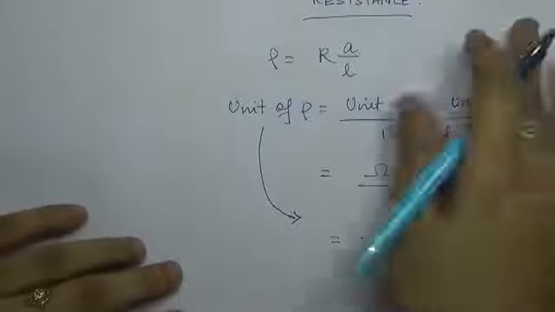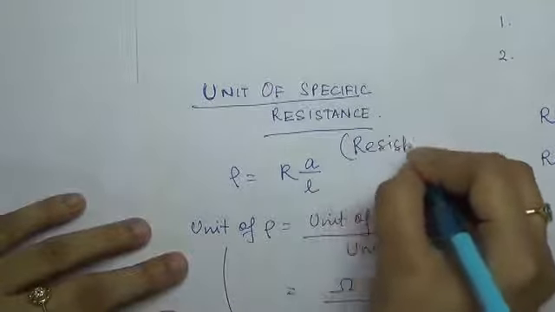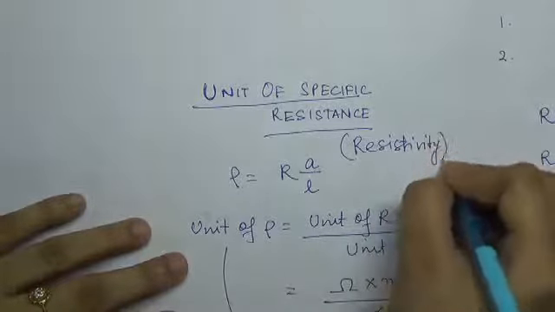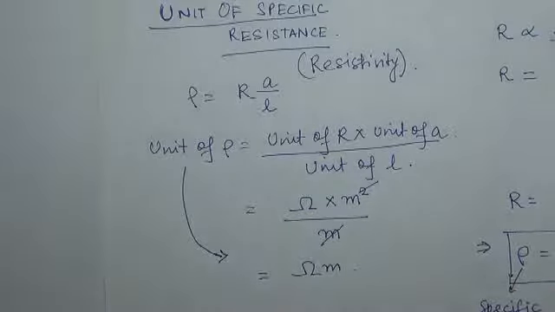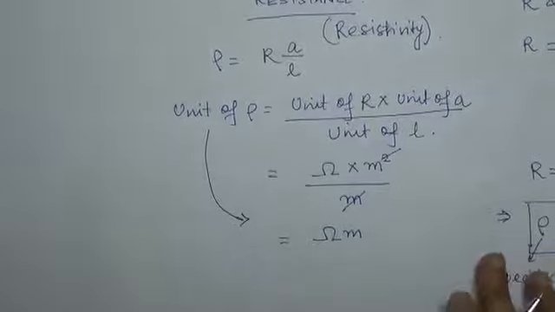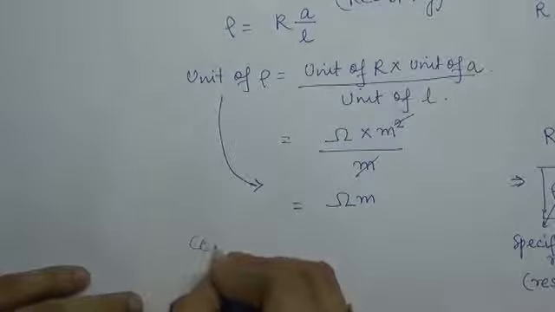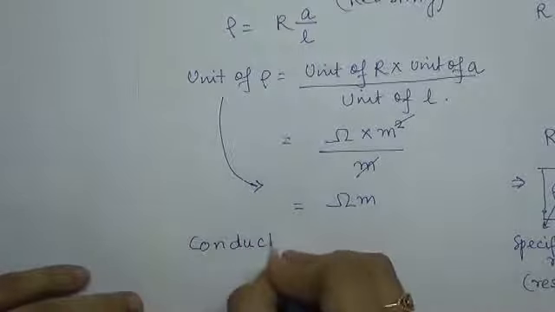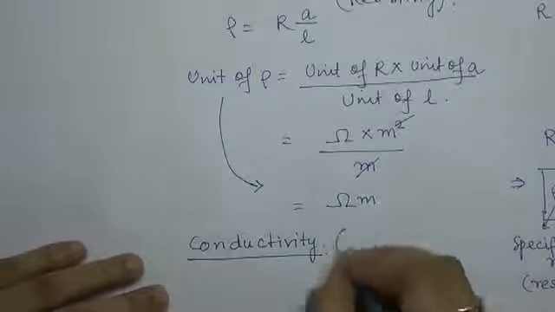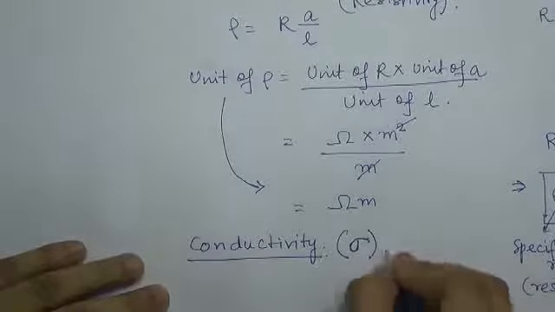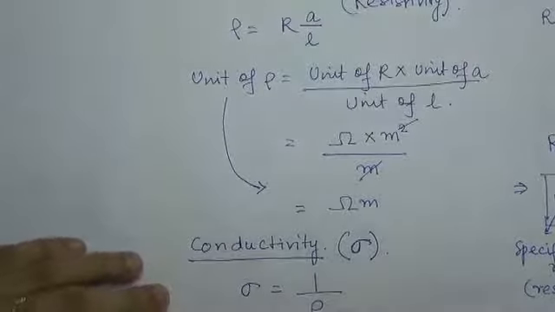Now, specific resistance, as I told you, is also called resistivity. Just as we have resistance and the reciprocal of resistance is conductance, similarly, the reciprocal of resistivity is conductivity. Conductivity is denoted by the symbol sigma. So we can write sigma is the reciprocal of rho.